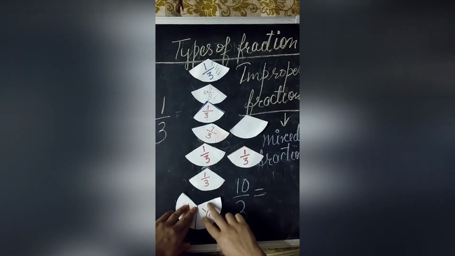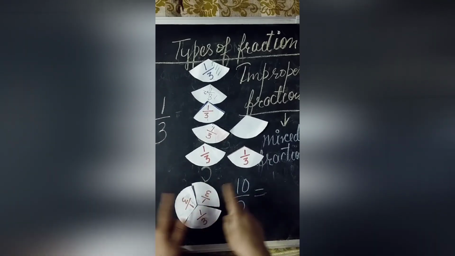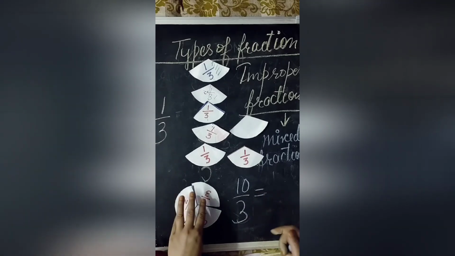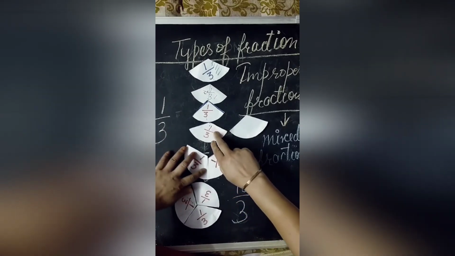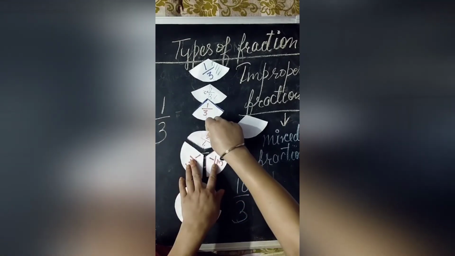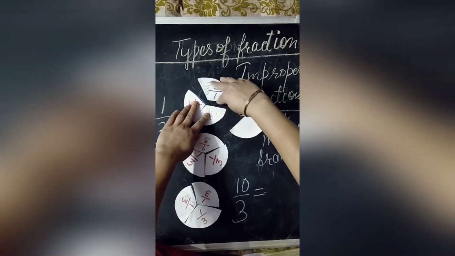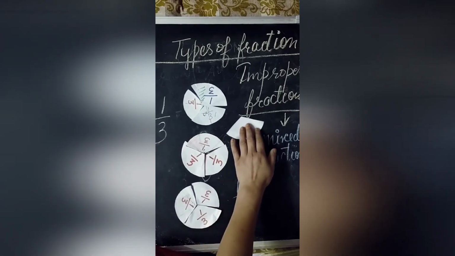Because from one pizza we can take out only 3 thirds, 3 pieces. So 3 thirds will make one full pizza. Again 3 thirds will make one full pizza. Again 3 thirds will make one more full pizza, and the 10th third is left.